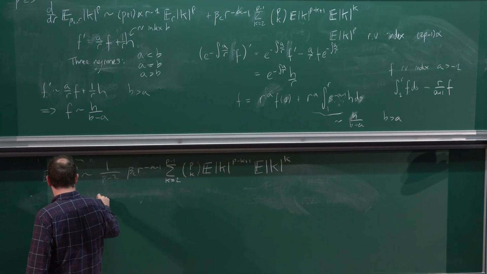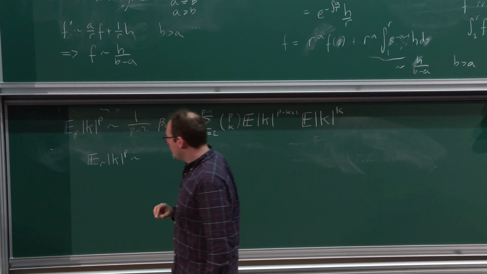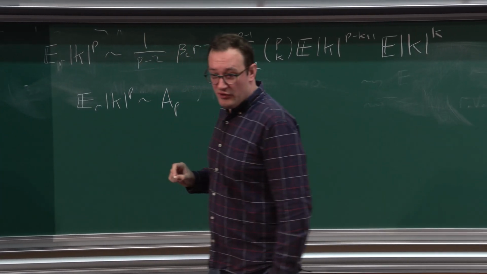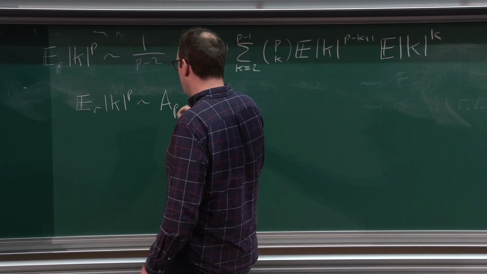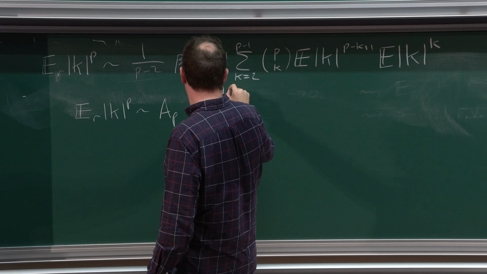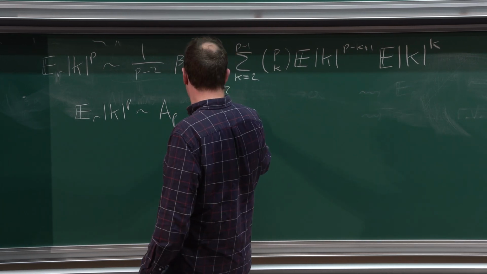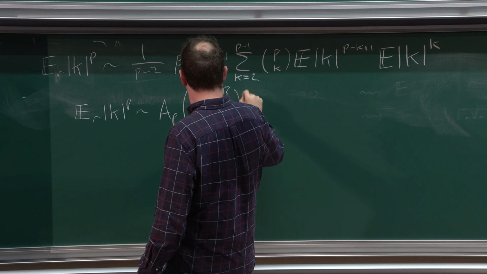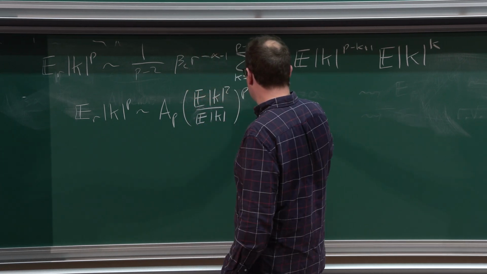Well, it should be that these moments are some sequence of coefficients times this ratio that I mentioned before, that's written up here, of the first moment to the second moment to the power p minus 1 times the first moment.